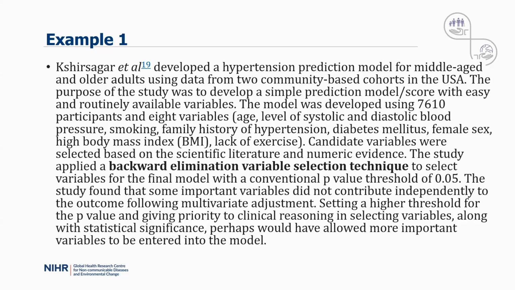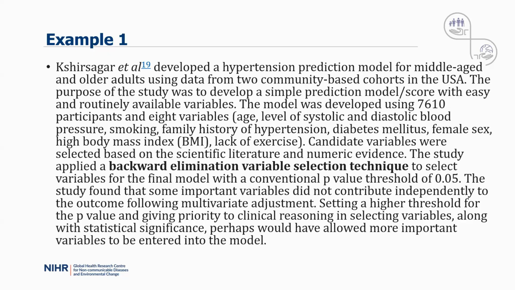So in this, the authors applied the backward elimination variable selection technique to select variables for the final model with a conventional p-value threshold of 0.05. Now, the thing with these techniques is that you should always have a different threshold p-value for the selection and exclusion of variables than the p-value that you use for the overall, final model.